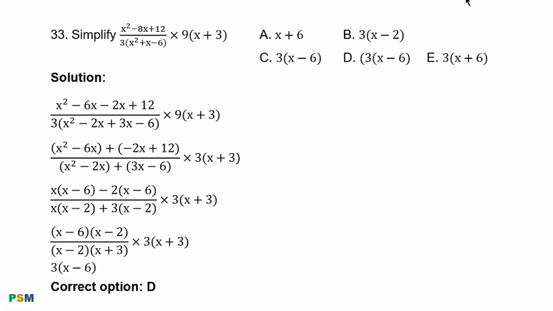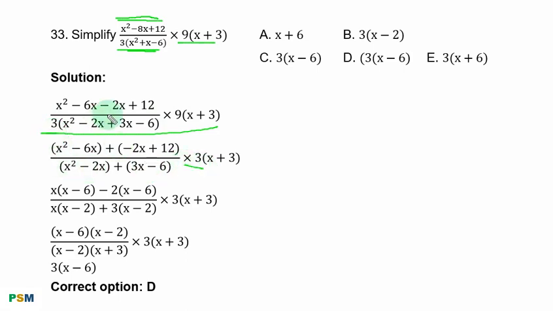Question 33. Simplify (s squared minus 8s plus 12) over 3(s squared plus s minus 6), times 9(s plus 3). You factorize this expression and this expression, you have this result. Then 9 divided by this 3, you are left with 3 here.